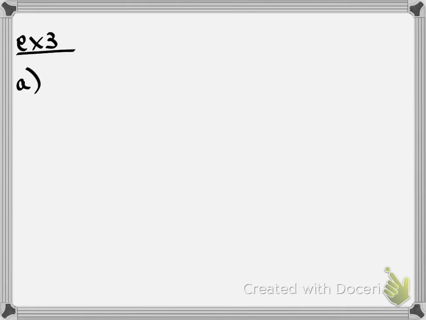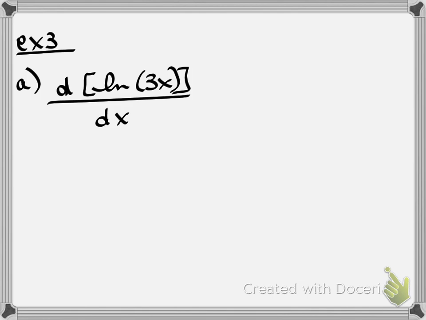So example A, what's the derivative of 3x with respect to x? Oh, sorry, I left off the natural log. What's the derivative of the natural log of 3x with respect to x? Oh, we want to take the natural log of something other than just a simple x, so that's our u.